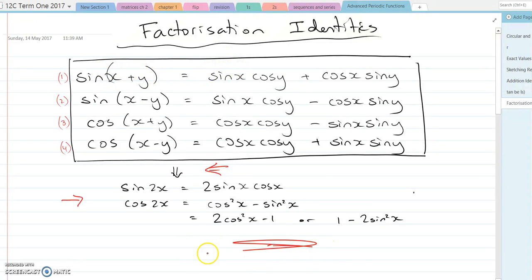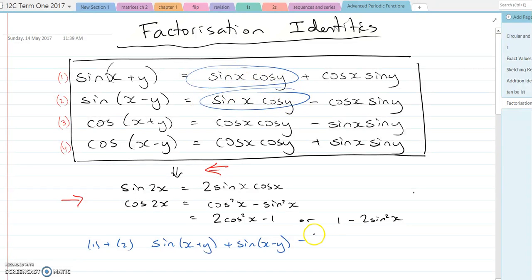So we need to come up with a couple of new formulas. If we take equation 1 plus equation 2 up here, let's add our two sine equations: sine of x plus y plus sine of x minus y. If you look at these two on the right, obviously they're going to add together, so I'm going to get 2 sine x cos y.